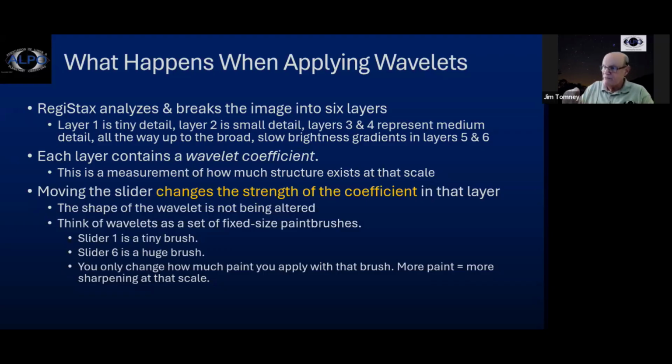So my wavelet is looking for a slight change, and we've got the coefficients at the various pixels. By sliding that lever, I am increasing the intensity. It's like I'm applying more paint to that particular area of the image on that particular layer.